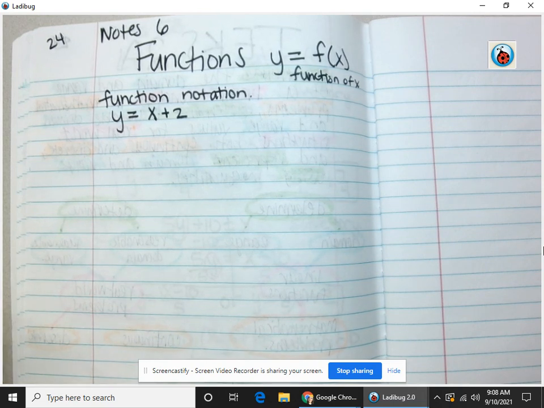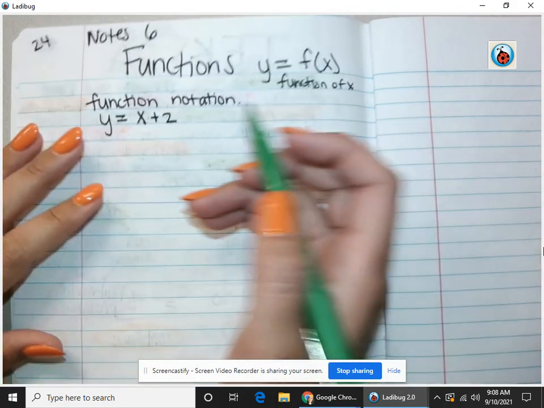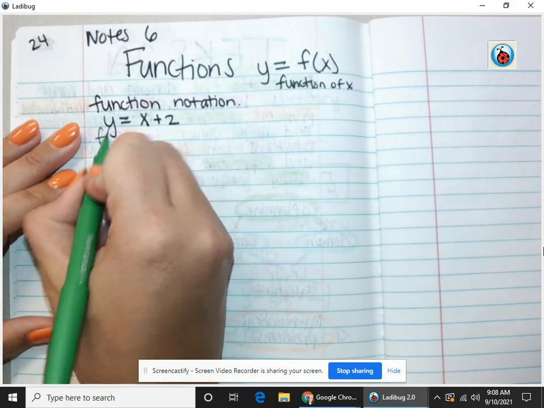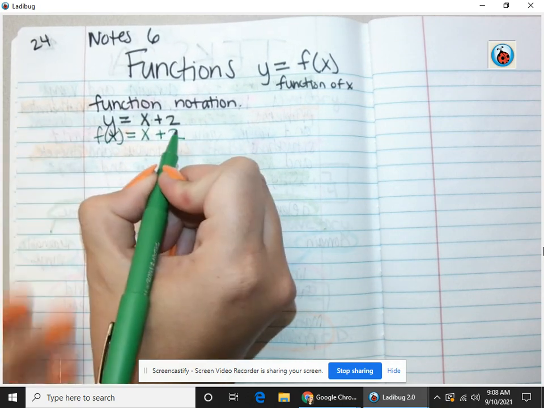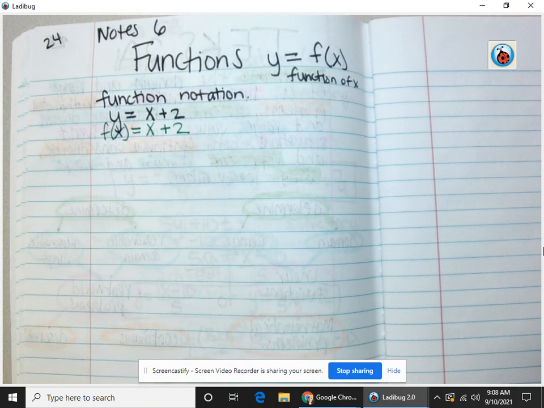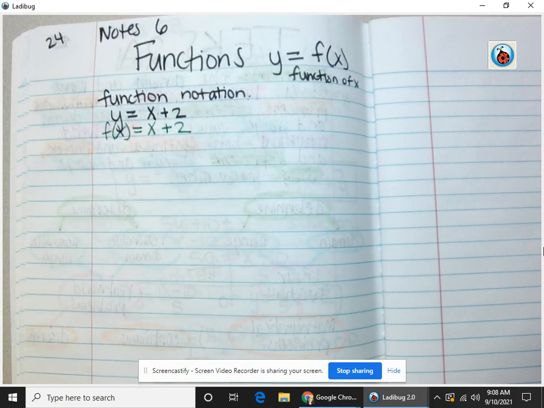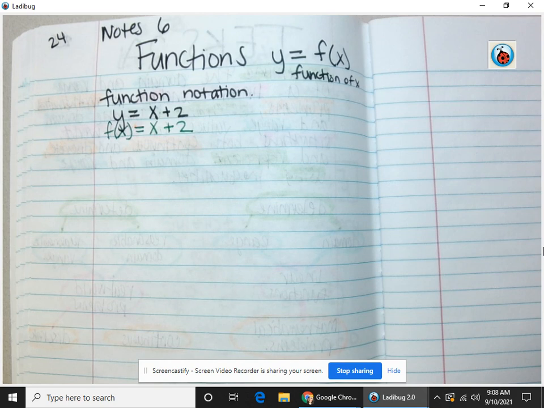Here's how it changes. You ready for this? f of x equals x plus 2. Did you see how crazy that was? All we did was change the y to f of x.